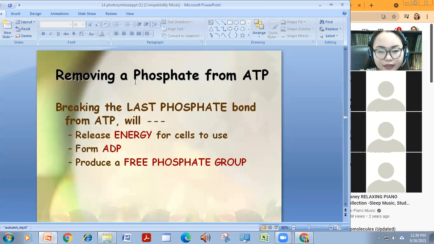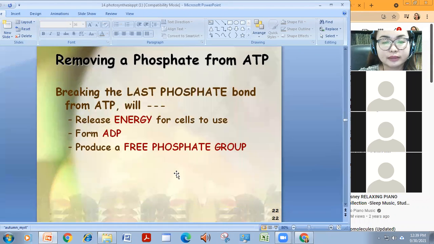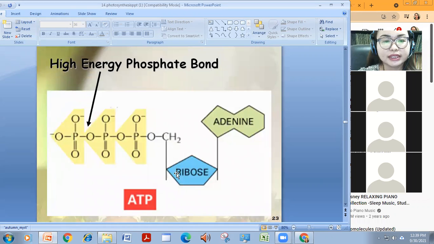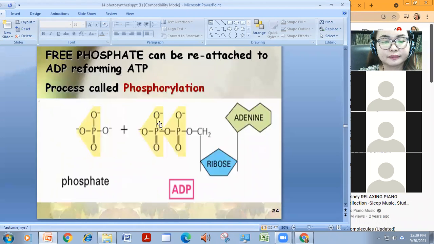So the phosphate from ATP is removed, breaking the last phosphate bond, thus releasing the energy cells use in the form of adenosine diphosphate and a free phosphate group. So ATP has a very high energy phosphate bond.